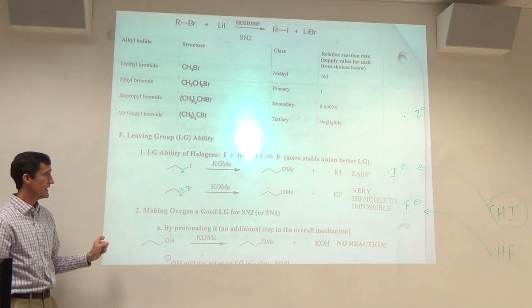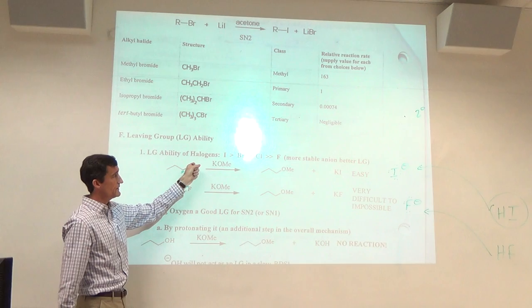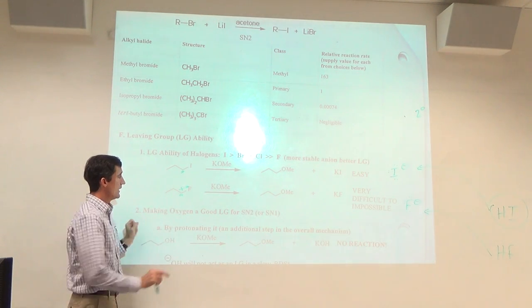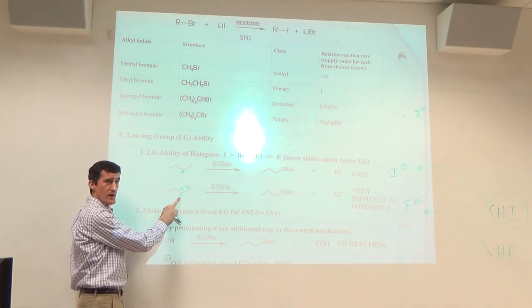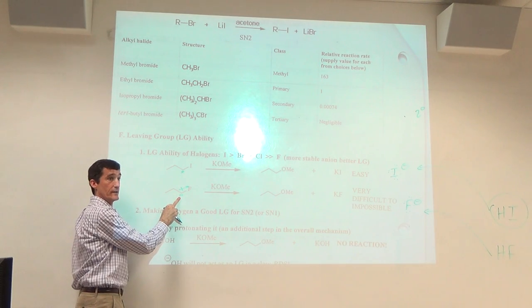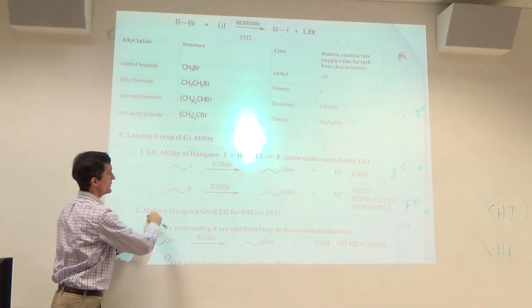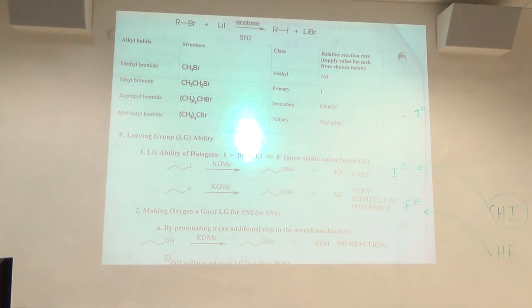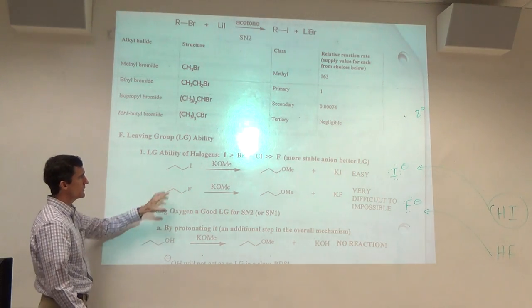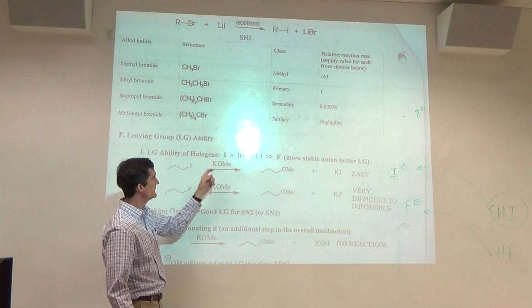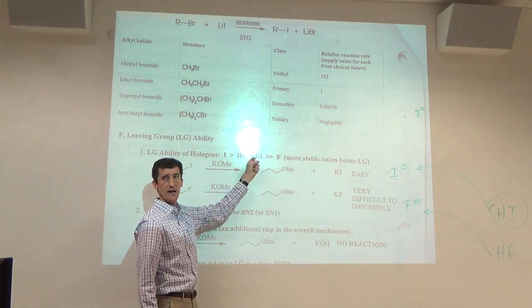But the results tell us that the reaction is easier up here. So this is a counter argument. That's the wrong argument, apparently. There's other discussion we could have here, but I don't want to go into it too much more. In the end, iodine's your better leaving group for the halogens.